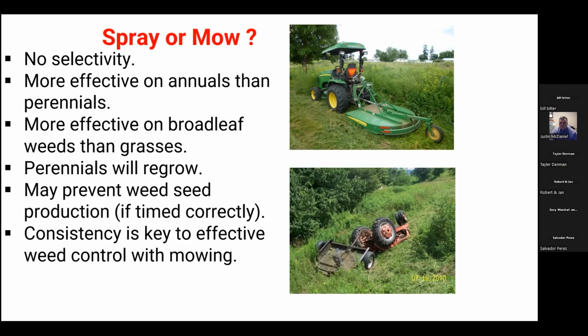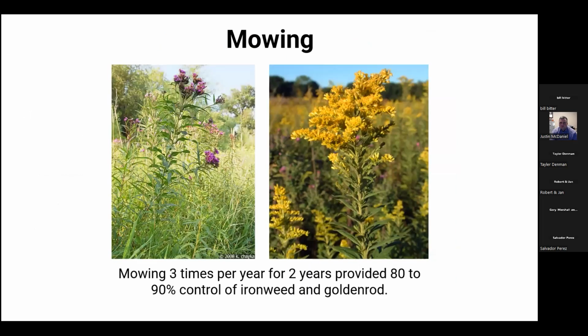There's a point on here that says consistency is key to effective weed control with mowing. So I wanted to give you kind of an example of that. This is just to show you that if you were to mow multiple times a year for 2 years, it's actually been shown that you can get 80 to 90% control of ironweed and goldenrod in a pasture.